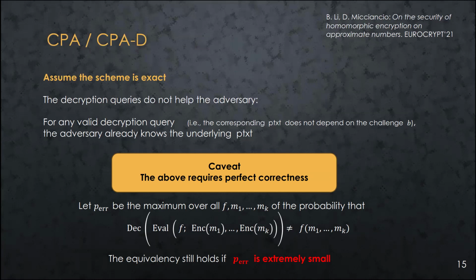So if I let p_fail be the maximum over all possible circuits and all possible inputs of the probability that the evaluation of F on the encryptions doesn't decrypt properly, then the equivalence between CPA and CPA-D security holds if this probability of incorrect decryption is extremely small, unnoticeable for the adversary.